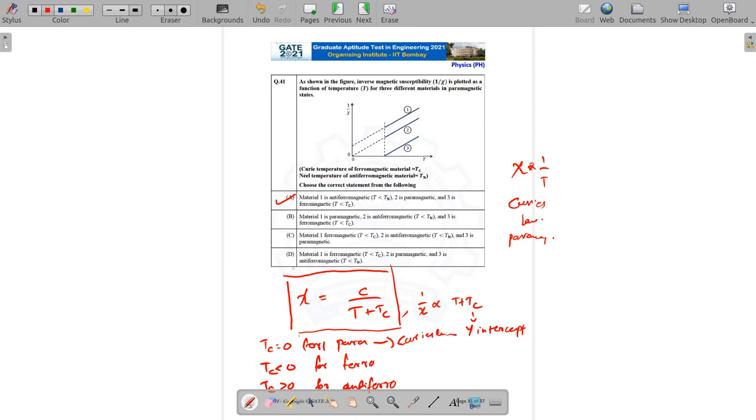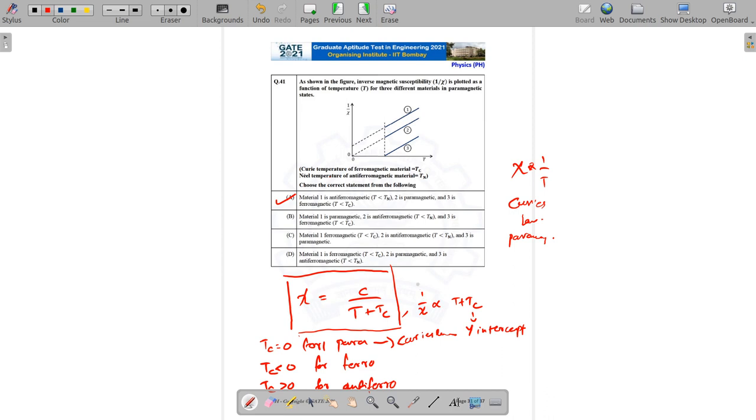Similarly, you have other cases also. When you have a ferromagnetic object, your Tc should be less than 0 here, and if it's antiferromagnetic, you should have a Tc greater than 0. Now when you have this relation, you can actually invert it. 1 by chi will be proportional to T plus Tc.